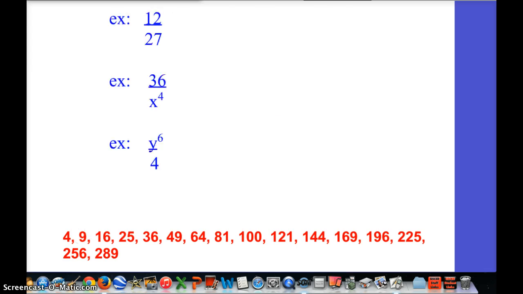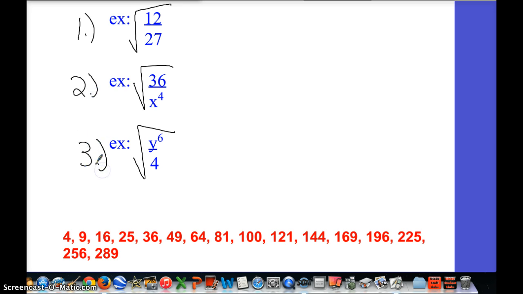Let's do 3 more of them. 1, 2, and 3. So for the first one, if you take the square root of 12 over the square root of 27, neither one of these is a perfect square, but both of them can be divisible by a perfect square. The square root of 12 is divisible by 4.